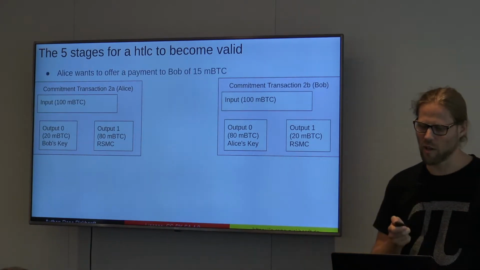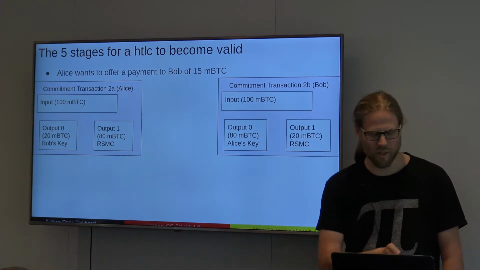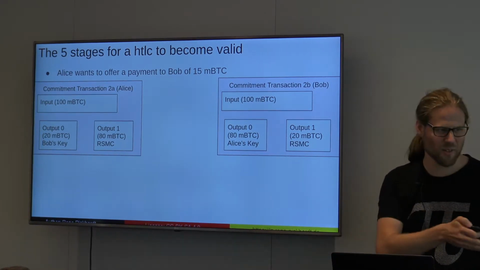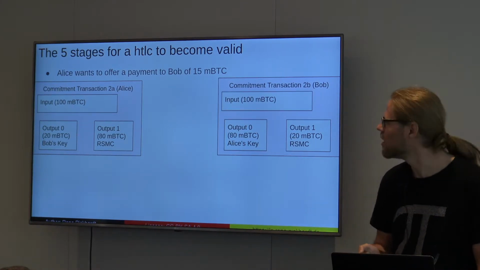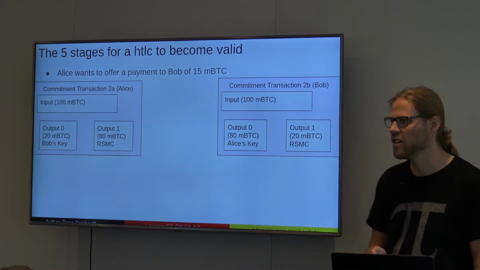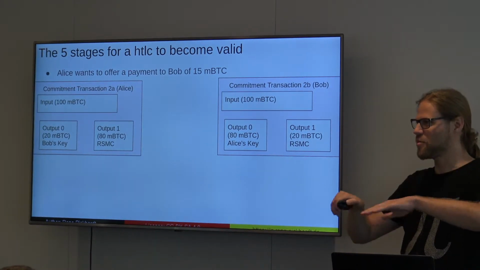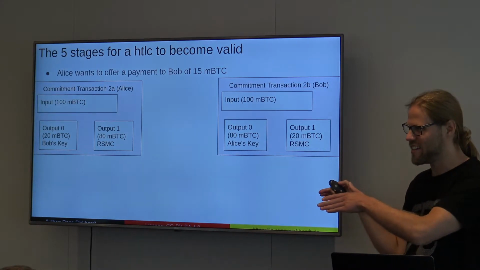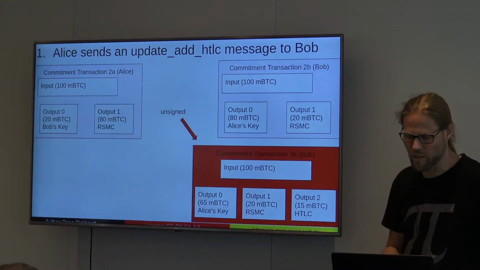And Alice wants to offer a payment to Bob of 15 millibitcoin. Sorry to Fabrice for repeating something that you already explained, but I think it's worthwhile seeing this again. When you remember my first talk, I said there's a new state that is already at the other side and they somehow end up there, but there's actually more state in between.